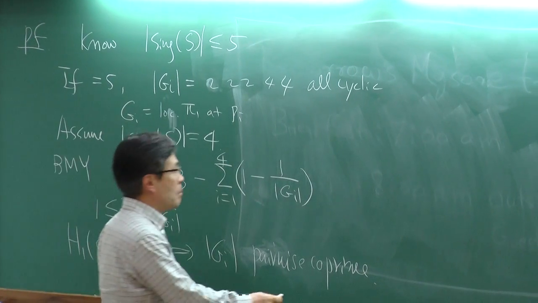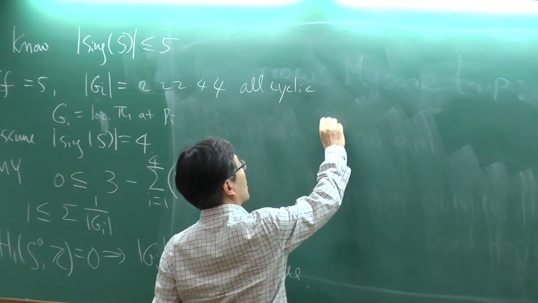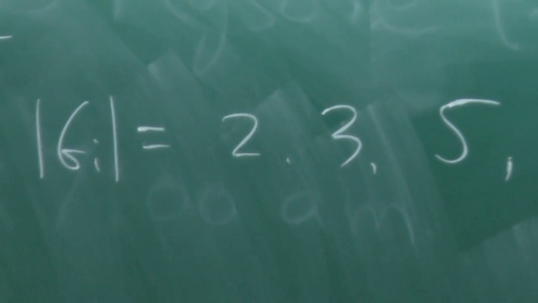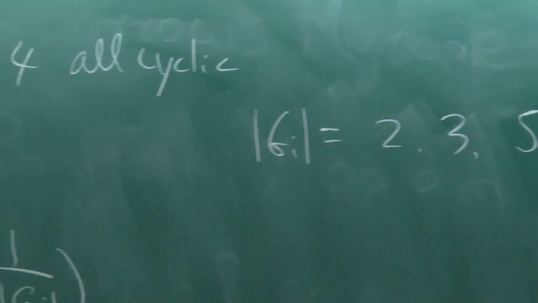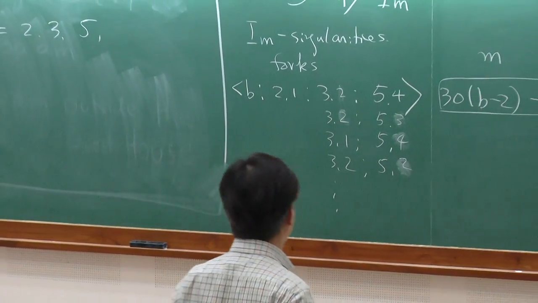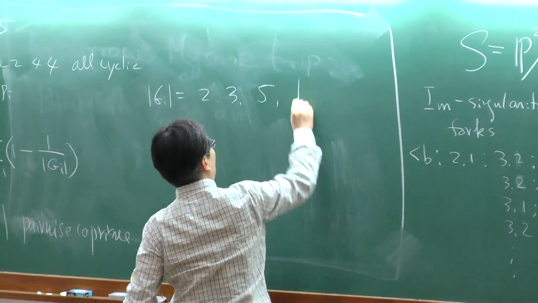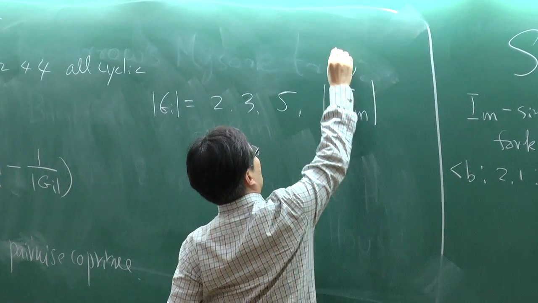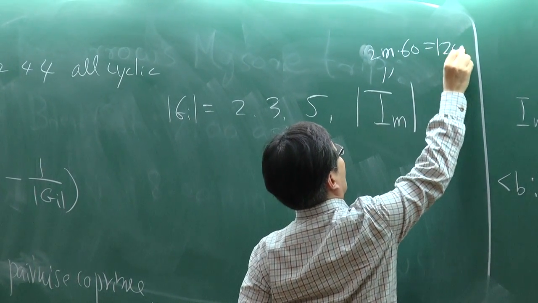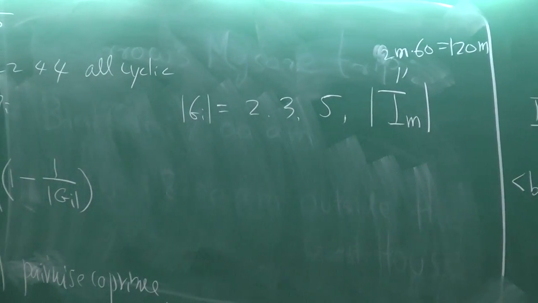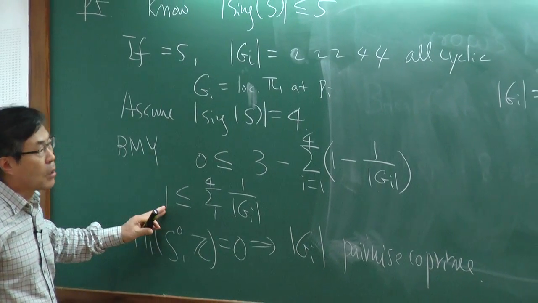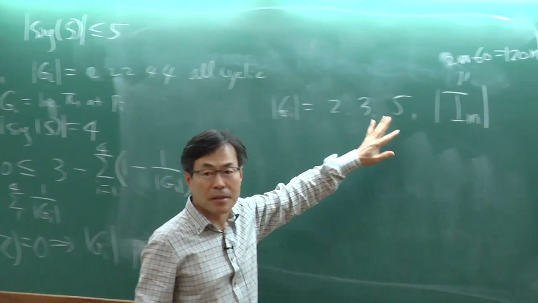So this leaves just a few possibilities. These numbers are 2, 3, 5, and one non-cyclic singularity should have a big order. There are some other cases like D8, but this is too small, and then something like the order of I_m, which is 2m times 60. This number should be greater than or equal to 1, so these are the only choices.